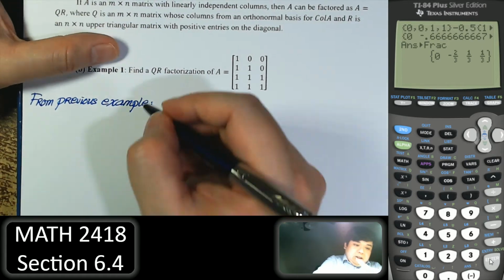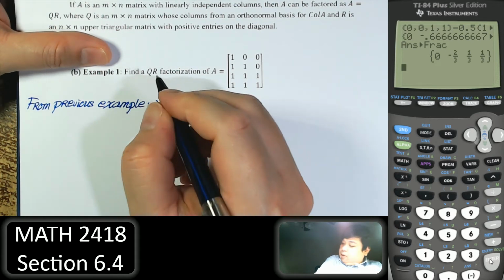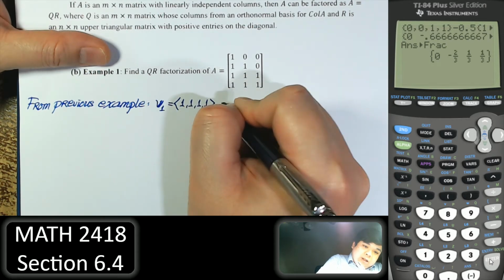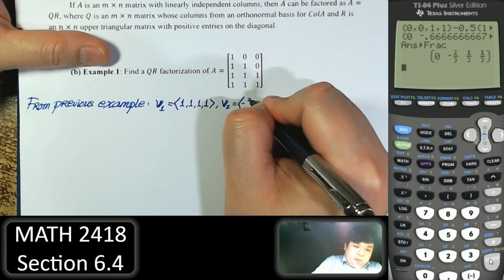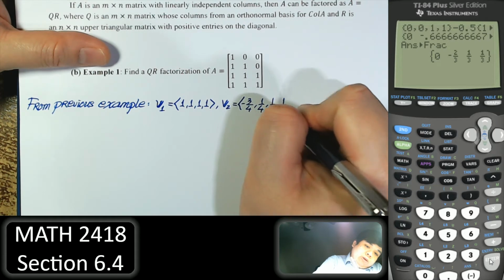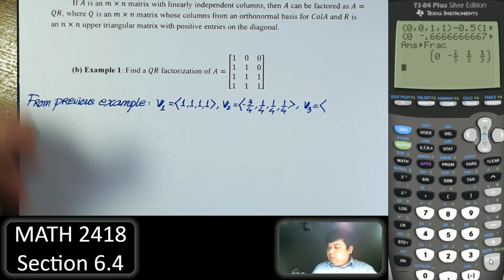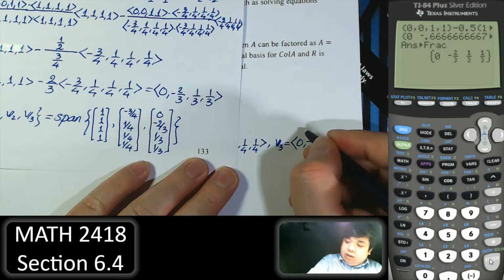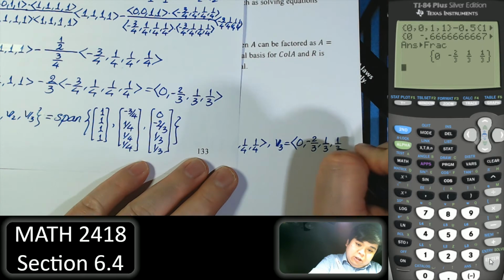We have the vectors v1: 1, 1, 1, 1, v2: -3/4, 1/4, 1/4, and 1/4, and v3: 0, -2/3, 1/3, and 1/3.